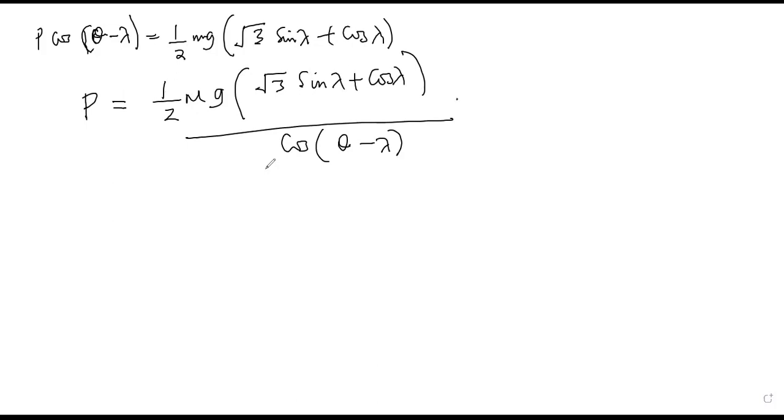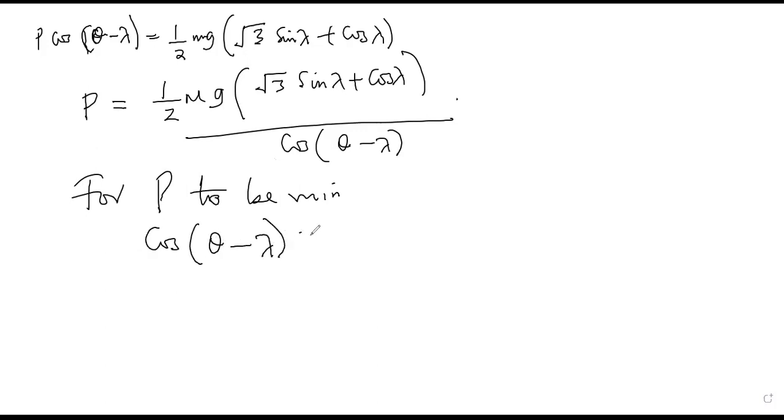But remember, they want us to show the minimum force. So for P to be minimum, you have to quote that if P is to be minimum, then it means that cos theta minus lambda should be equal to 1.